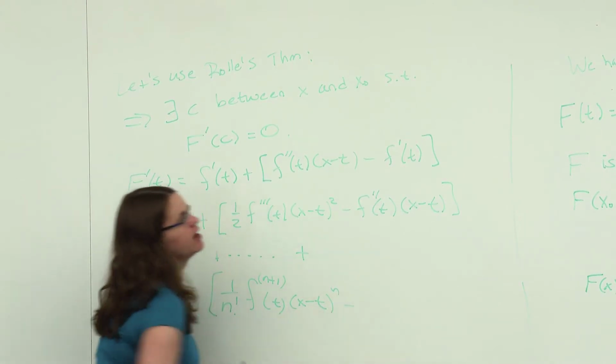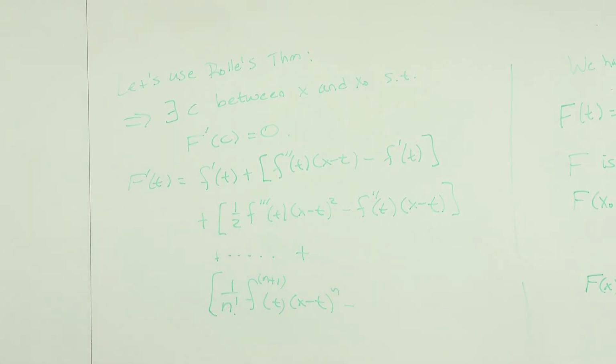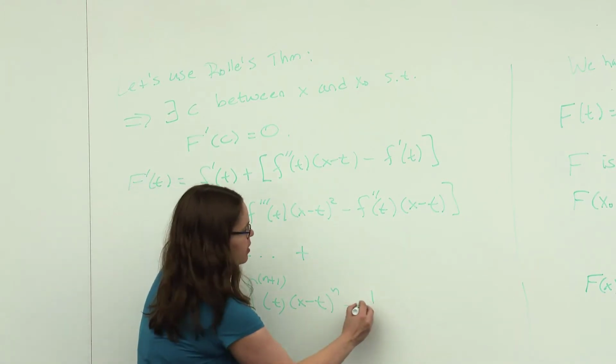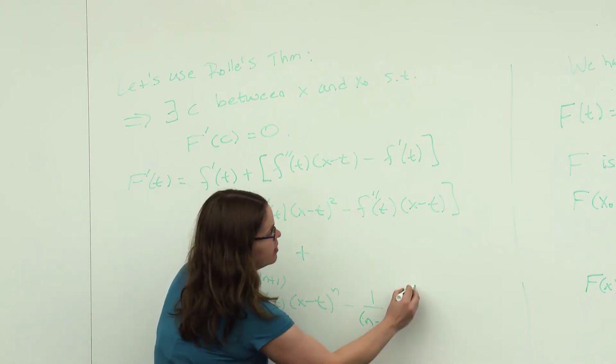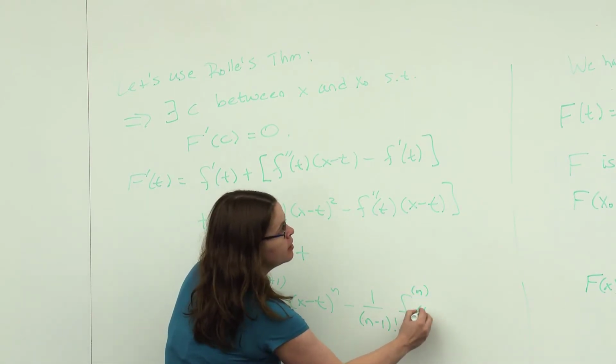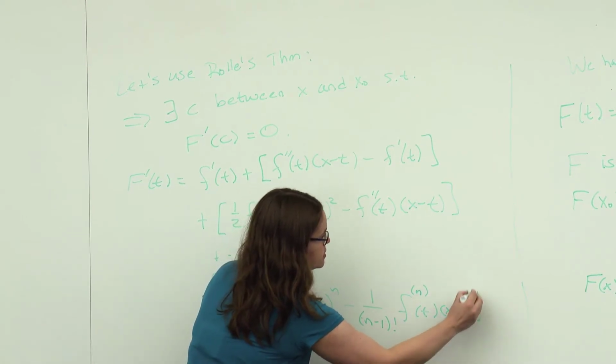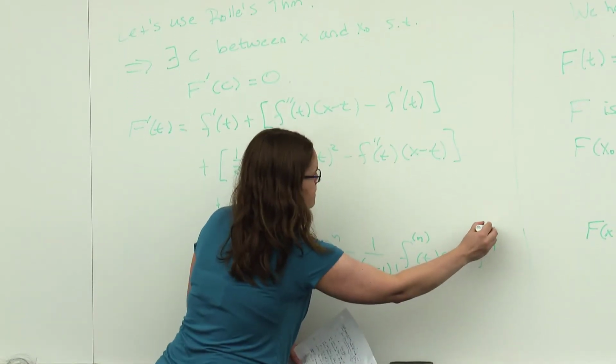Then, again, I keep getting a sign flip because of that x minus t inside the polynomial term. And n comes down, so I get a 1 over n minus 1 factorial. This guy is going to stay the same. And I get x minus t to the n minus 1.